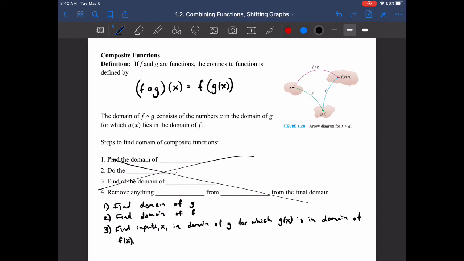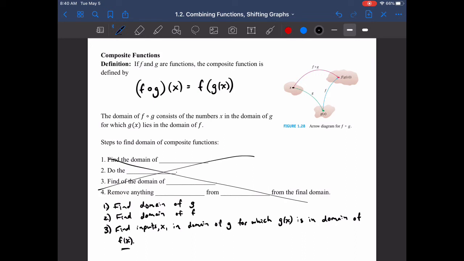And that's what I'm saying. If you basically look at your domain of g, and then you have to find what results that will give me. So if my domain of g is 0 to 10 or something like that, and then I have to see, if I plug 0 in, do I get a number that actually is in the domain of f of x?